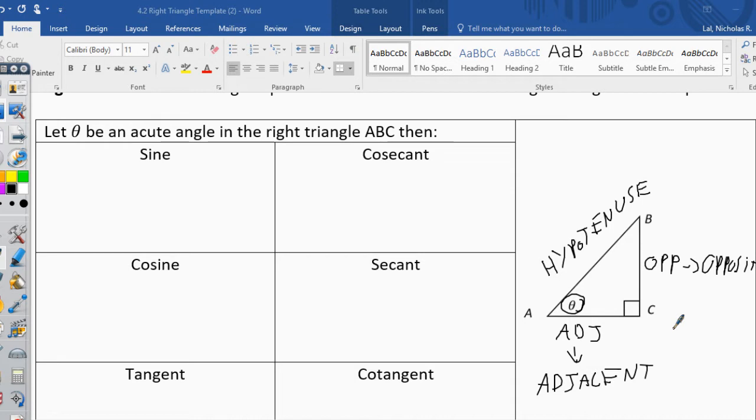So, the sine of theta, all right, is the, and by the way, we call these trig ratios sine, cosine, tangent, cosecant, secant, cotangent. Trig functions are just the ratios of the sides of right triangles. They have names because we have to name them.